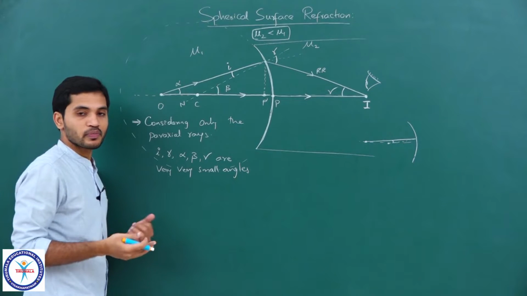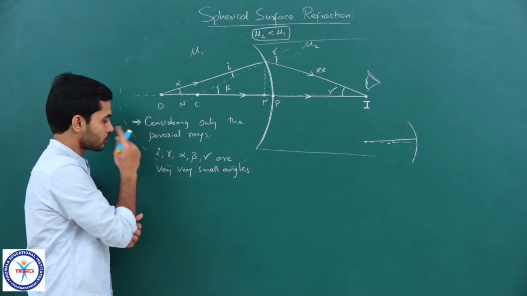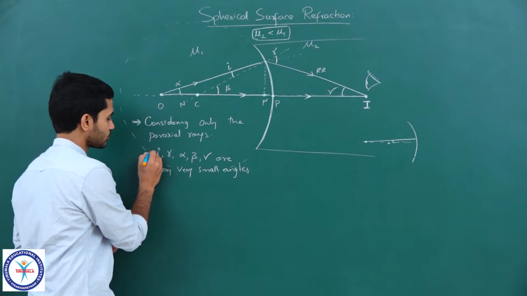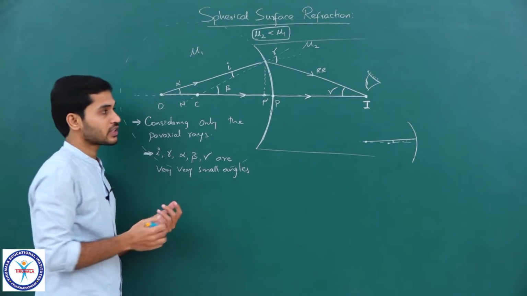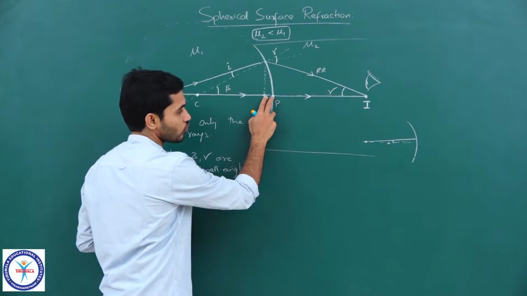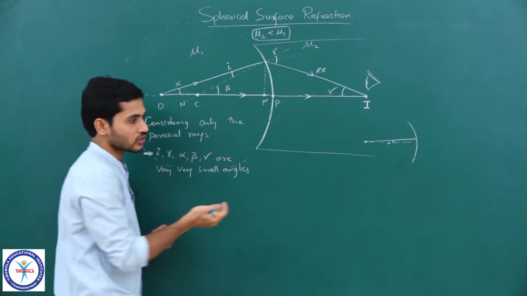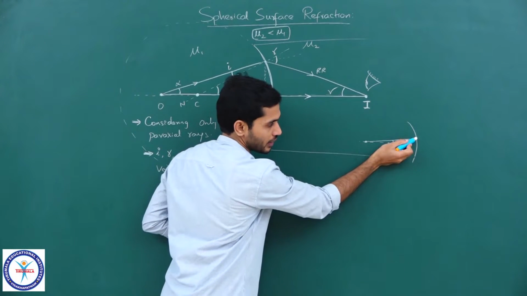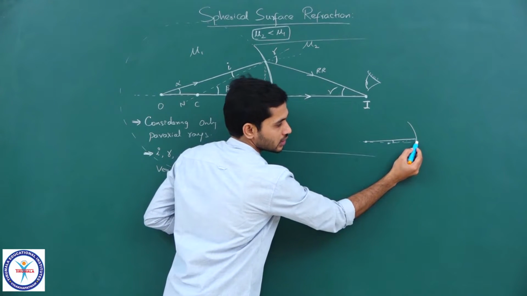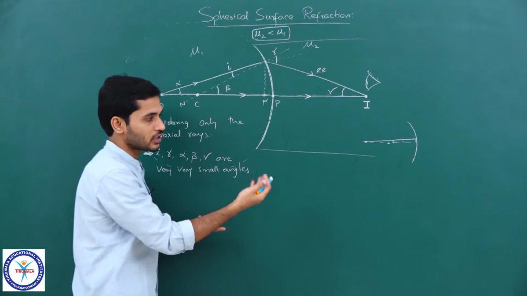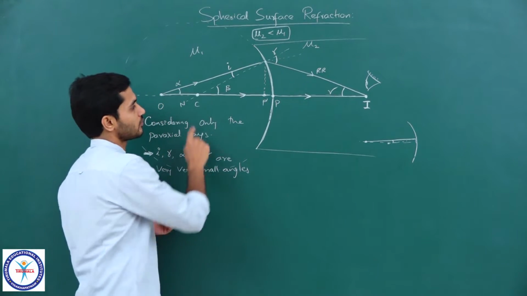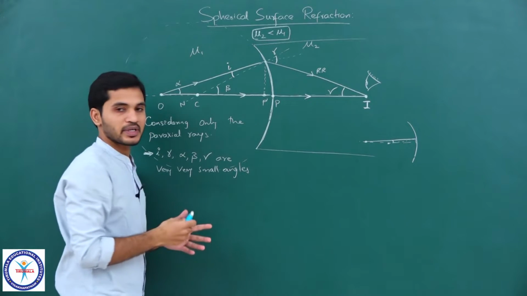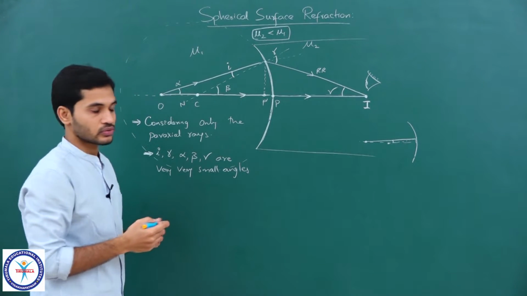So, that is the idea of paraxial rays, clear. We can also say that this small gap which is formed here can be neglected, because if you see here, if I drop a perpendicular from here, this gap does not even appear to be there, right. So, if paraxial rays are considered, even PP dash can be considered to be 0.